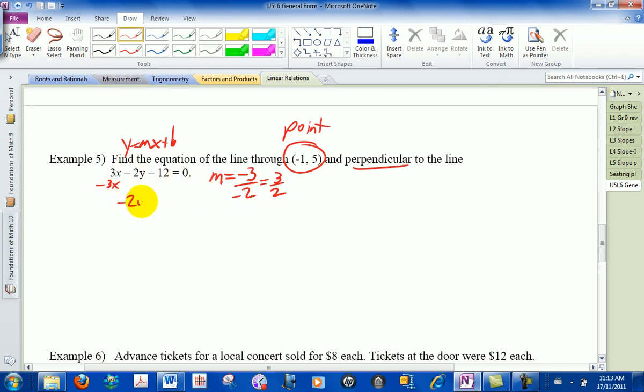And I'm left with -2y equals -3x. I'll move this to the other side at the same time. So -2y equals -3x plus 12. Then I'll divide by -2, and I'll divide this one by -2 as well, although I don't care because I'm only going to focus on m. So y equals positive 3 over 2 x.